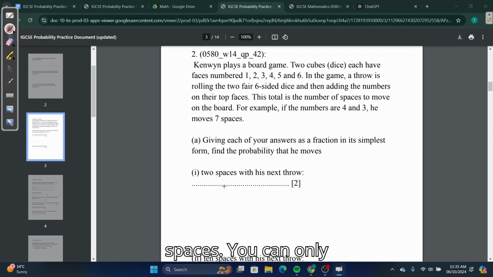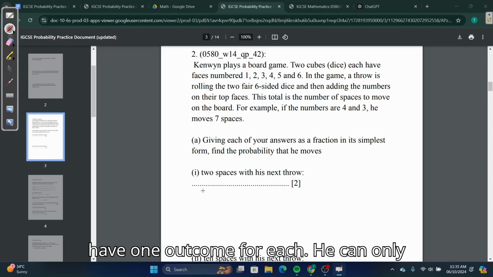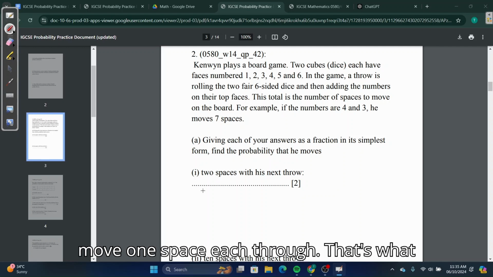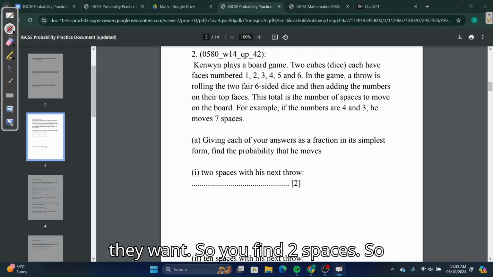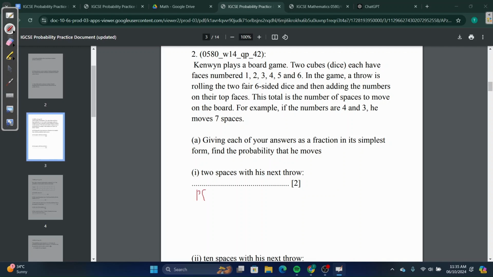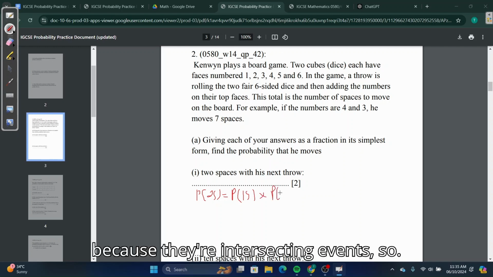So 2 spaces, you can only have one outcome for each. I mean, he can only move one space each throw. That's what they want. So you find 2 spaces. So P2S equals P1S times P1S, because they're intersecting events.